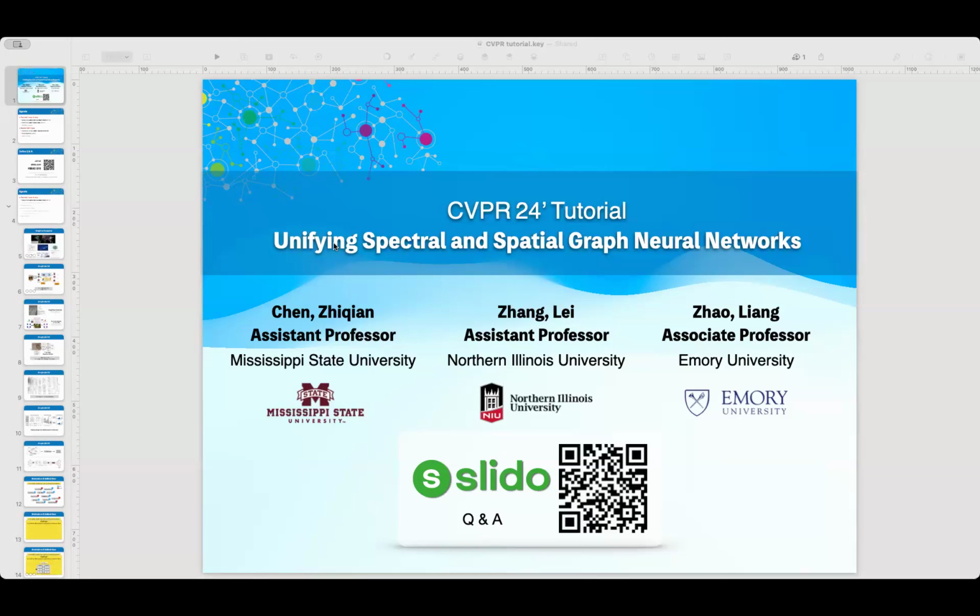So let's move to the first section, which is the background of the unifying framework for graph neural network. This is a normal introduction: graphs everywhere. In the past several years, there's COVID-19, and when you connect the transportation of the disease, it can be a disease transportation network, right?